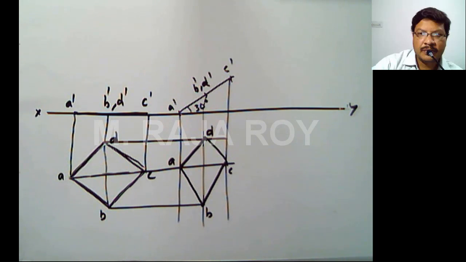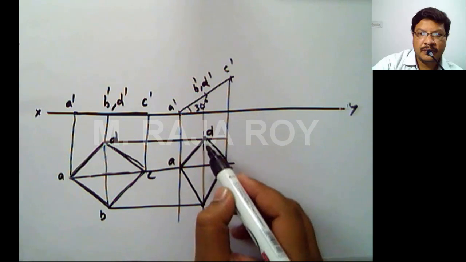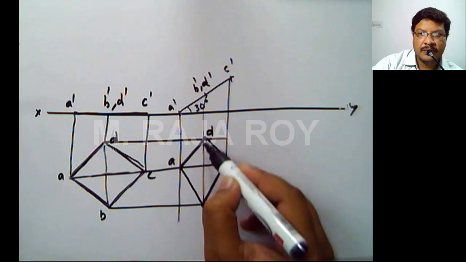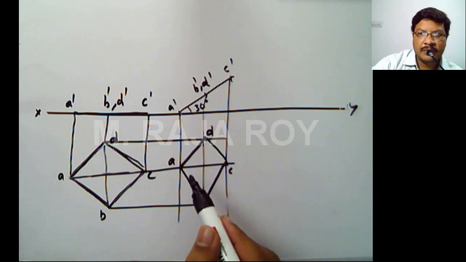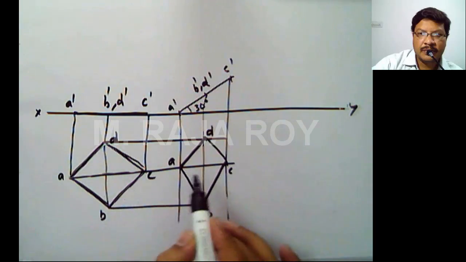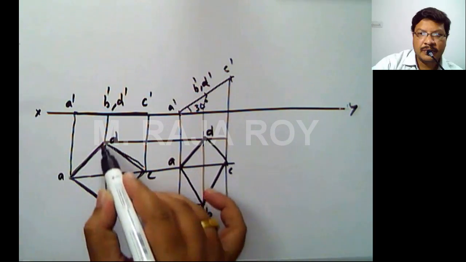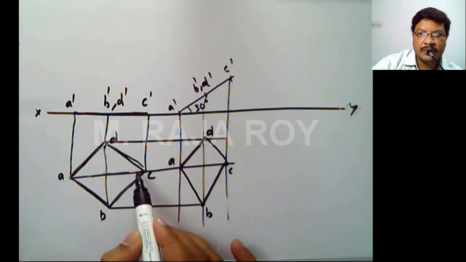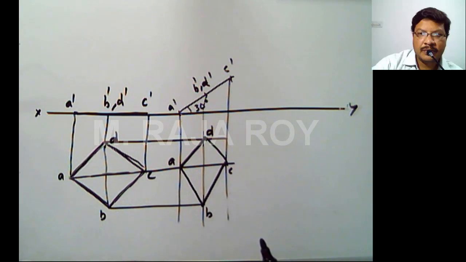Now top is not giving the true shape and size. But if you consider diagonal BD, this diagonal BD length is not reduced from first stage to second stage. Observe here. Whatever length you are having here, the same length you are having here. But if you consider diagonal AC, the diagonal AC's length is reduced.